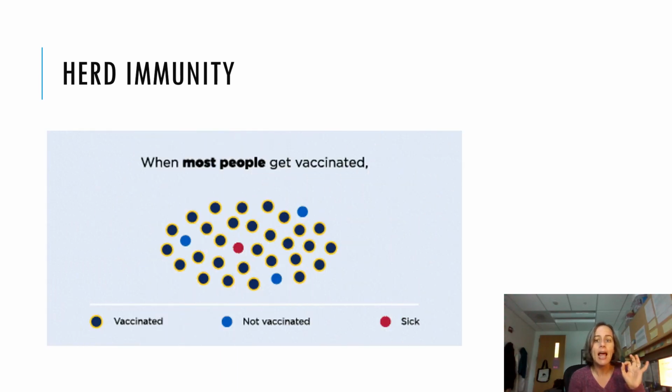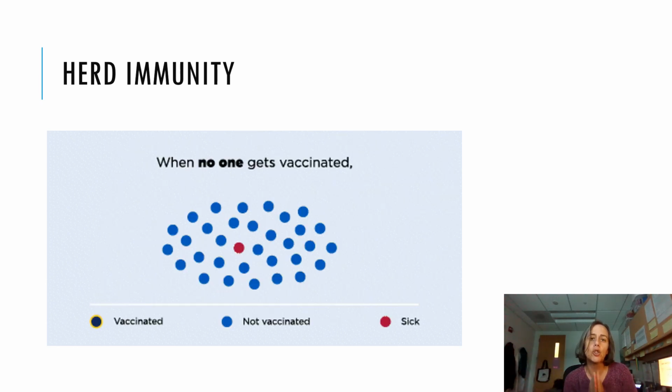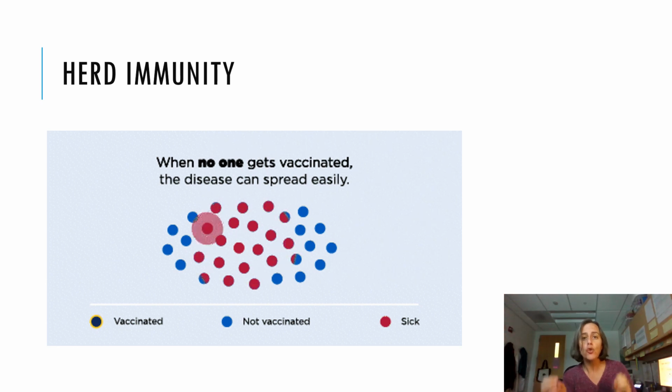But if we get most people vaccinated, then the disease can't spread at all, right? There are no vulnerable hosts for it to transmit through. So if you can get good immunity against infection and transmission, you can get herd immunity, right?